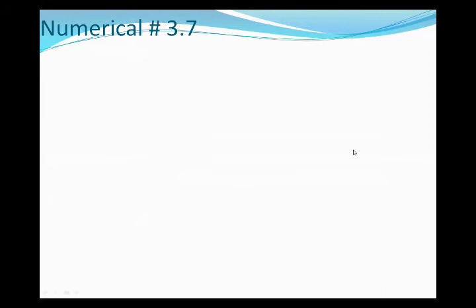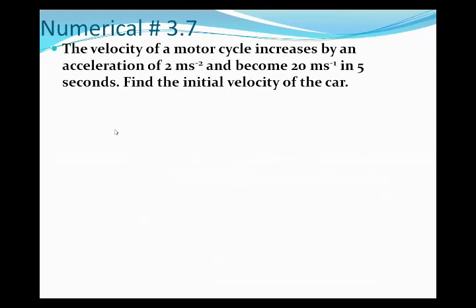Now we are going to solve another numerical. The numerical is: the velocity of a motorcycle increases by an acceleration of 2 meter per second square and becomes 20 meter per second in 5 seconds. Find the initial velocity of the car.